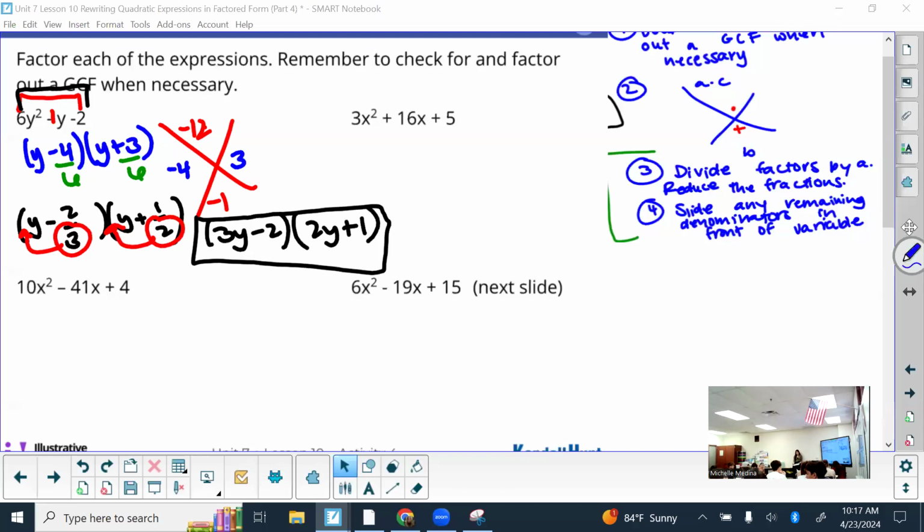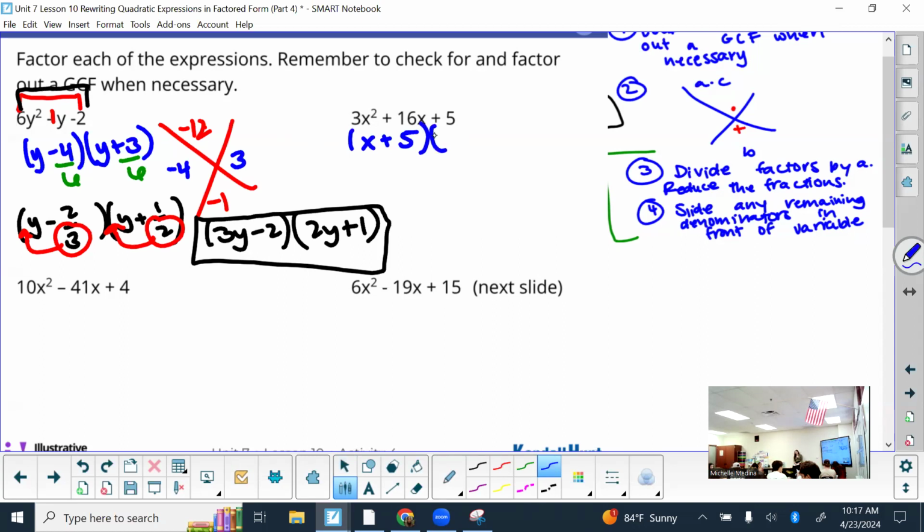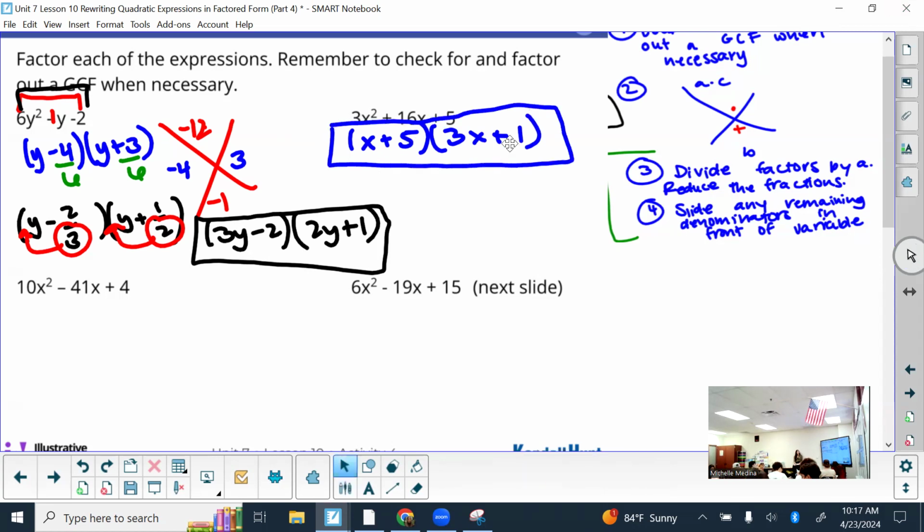But for this one, 3x squared plus 16x plus 5, the answer is in parentheses x plus 5 and then 3x plus 1. Yes, you can change the order of the parentheses, like you could put the 3x plus 1 first, the x plus 5 second, but that's what it is.